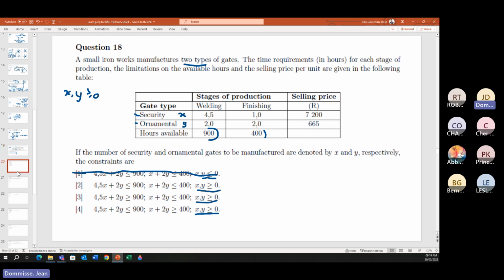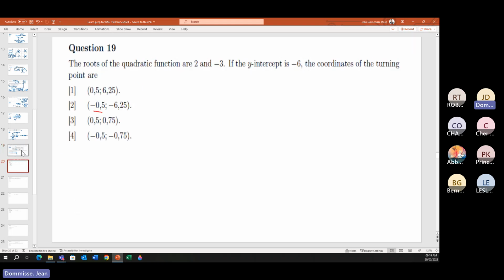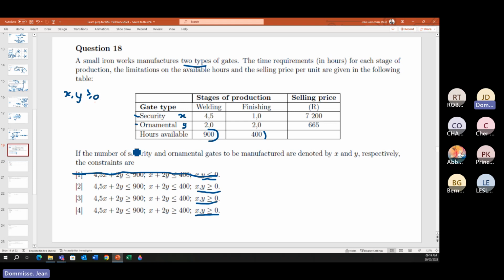I don't think in this one they talked about it, no. But it can be a follow-up question, because nowhere else in the formulas do they talk about the selling price component. So it can be that they ask you what the total revenue function is as well. Okay, and we can actually write it for you.